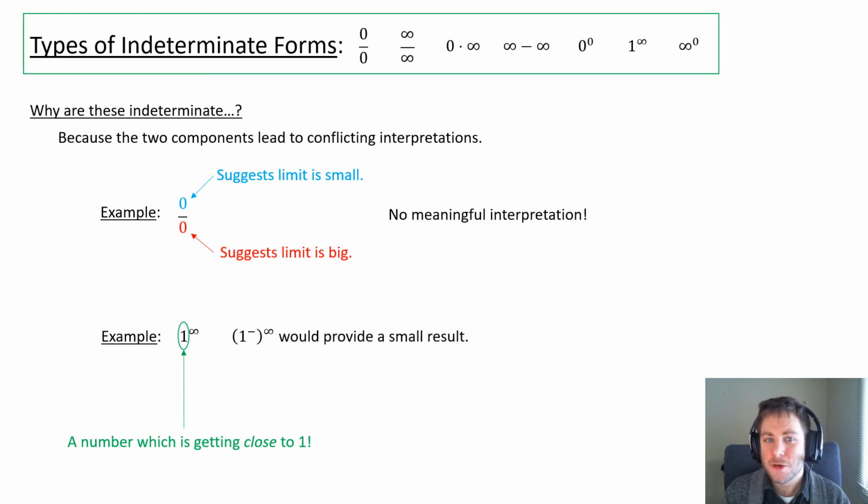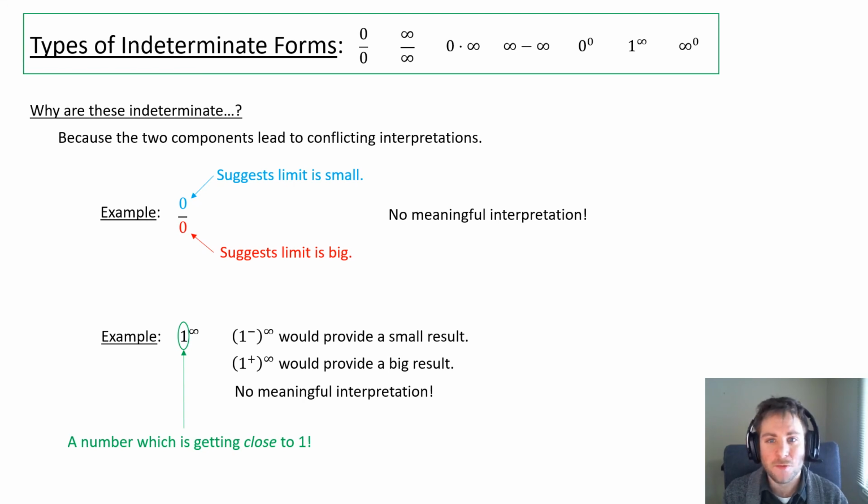If we took a number that's slightly less than 1 and raised it to a large power, we would get a small result. But if we took a number that's slightly bigger than 1 and raised it to a large power, we would get a big result. The limit can't be both small and big, and so again, no meaningful interpretation can be made without some additional information about the nature of this number which is close to 1.